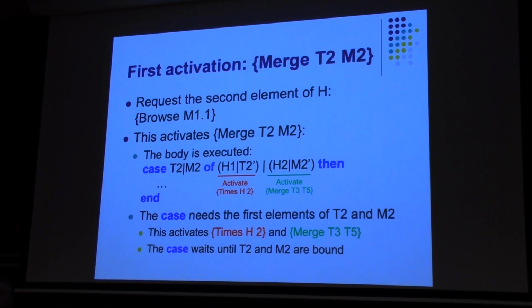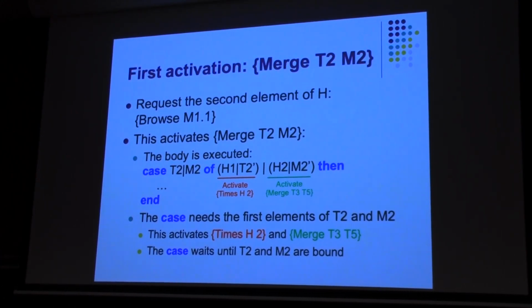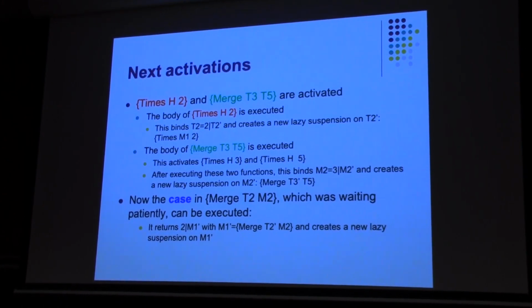So you see, it's a very simple kind of synchronization. The case needs something. This causes the lazy suspension to wake up. It does stuff. Eventually it binds it. And the case that was waiting will continue, okay? And then it keeps going, and so on.